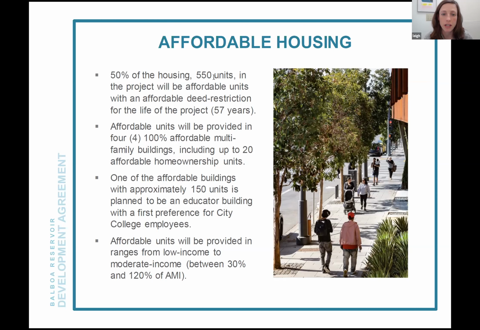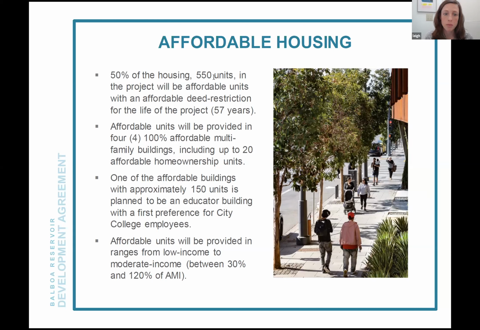The affordable plan includes up to 20 homeownership units for low to moderate income families. Of those buildings, one of them with approximately 150 units is planned to be an educator building. And that building will have a first preference for City College employees. That includes faculty and staff.